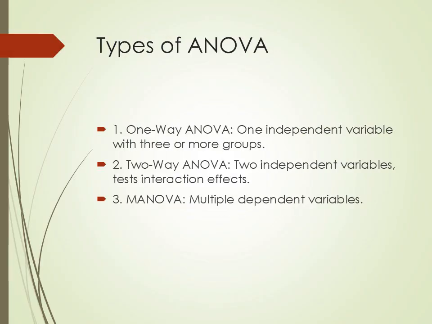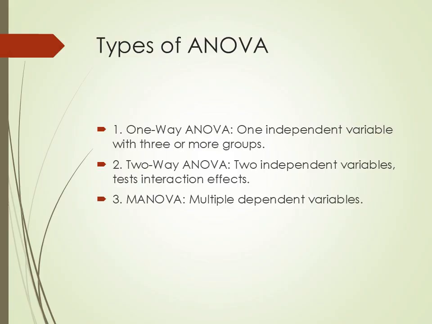Now let us see what are the different types of ANOVA. First is one-way ANOVA, where we have one independent variable with 3 or more groups. Maybe if you take the diet of fish, diet is only one variable, but you're checking with 3 groups of fishes. In two-way ANOVA, you're going to have 2 independent variables and test the interaction effects.